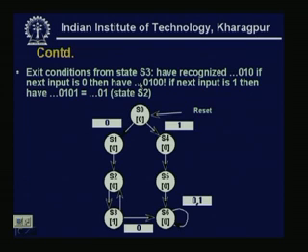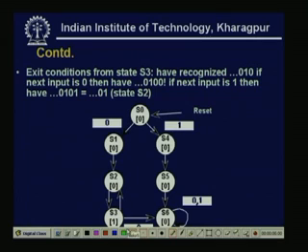Now, the exit condition from state S3, having recognized 0 1 0, is if the next input is 0. We have already seen that if it is 0 1 0, then the output will be 1.